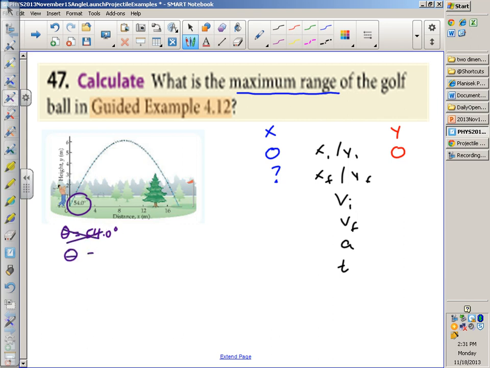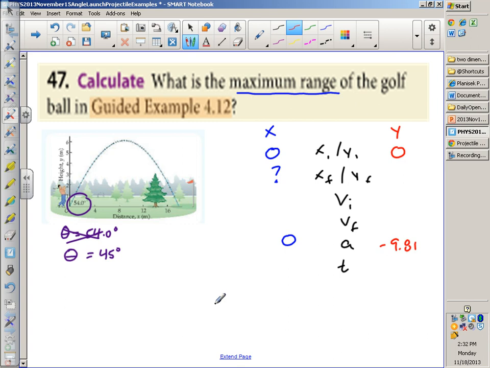What does the launch angle have to be to give us the maximum range? 45, all right? So we need to change that, and that's going to change some of the numbers in our chart a little bit, okay? First, we can fill in this, and we can fill in this, okay?